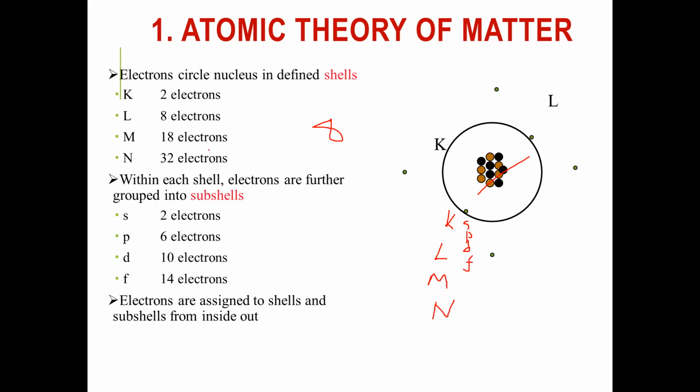It means K, which can contain 2 electrons, only has an S subshell, right? Then L, which contains 8, has an S and a P. The one which contains 18 has S, P and a D. The one that contains 32 has all the subshells filled.